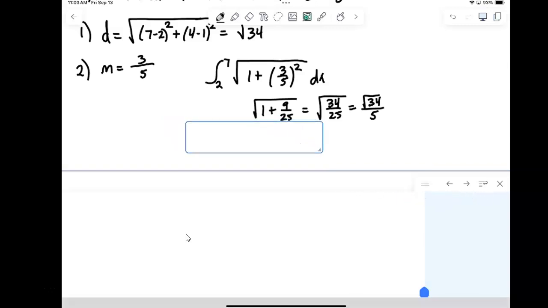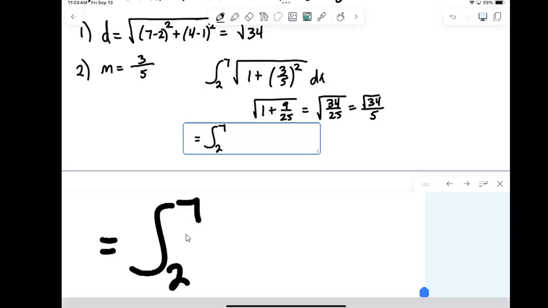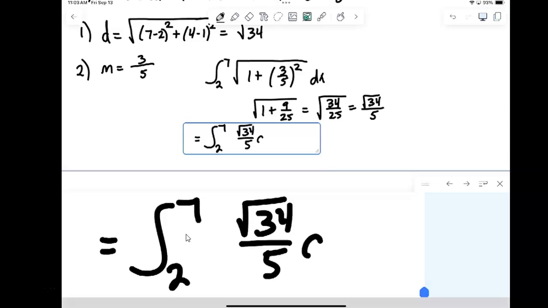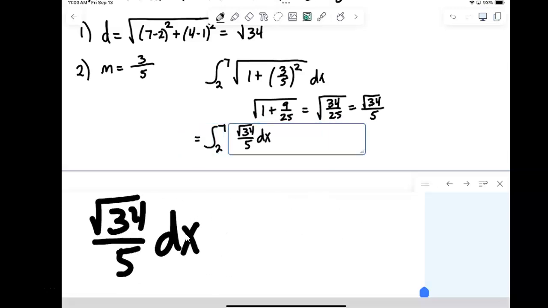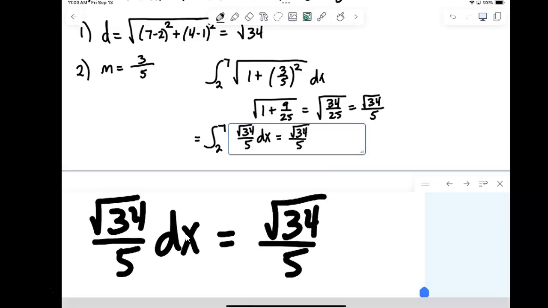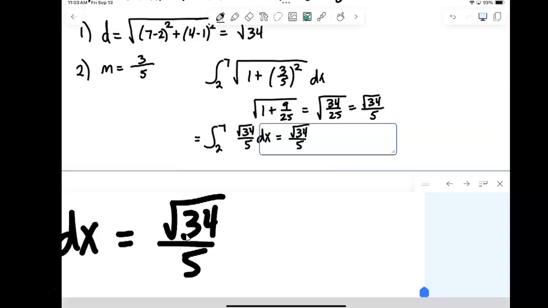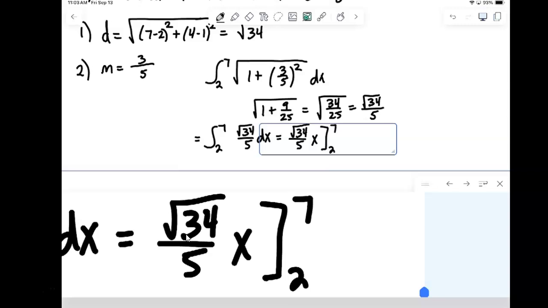So going back to my integral here, I'll have the integral from 2 to 7 of square root of 34 over 5 dx. That will become square root of 34 over 5 x, evaluated between 2 and 7.